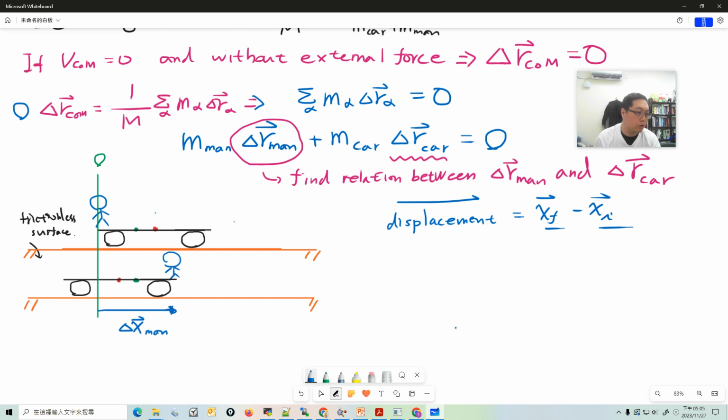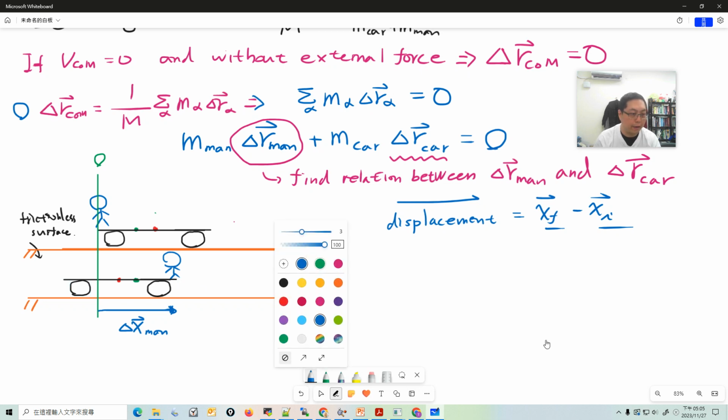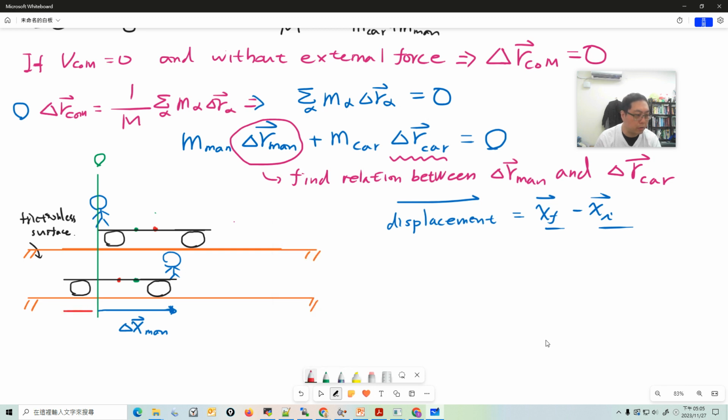We just use the left end as the reference. The car is moving to the left. Here's the initial position of the car, and here's the final position of the car. So the displacement vector is here. This is delta x car.